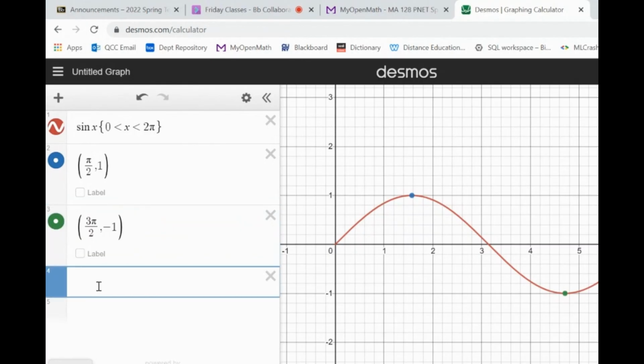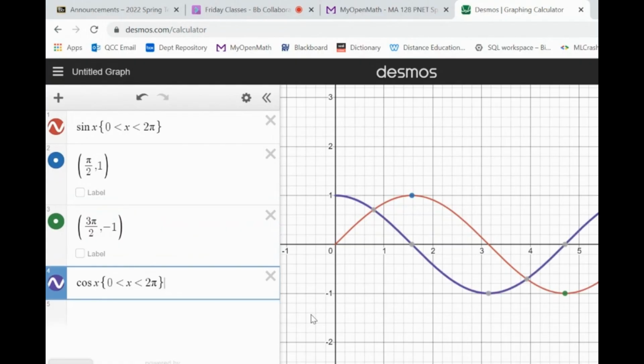So we found that the derivative of the sine function is the cosine function. Let me also draw this between 0 and 2 pi. I just want to look at the sine and the cosine function. Realize that from 0 to pi over 2, the blue curve, which shows the cosine function, is above the x-axis.